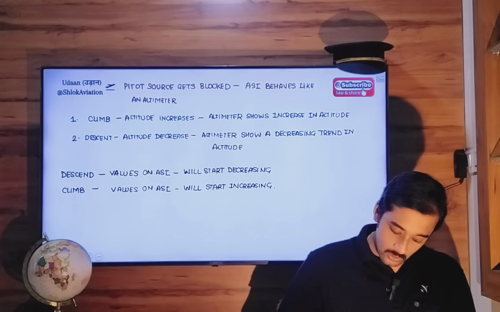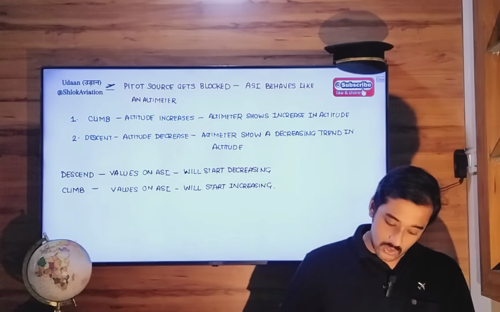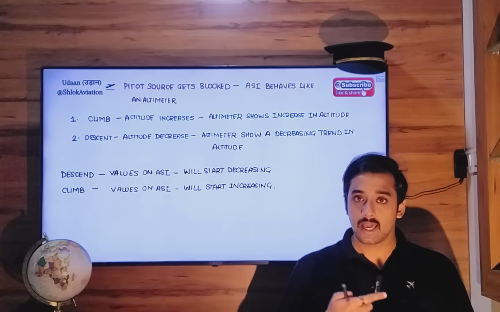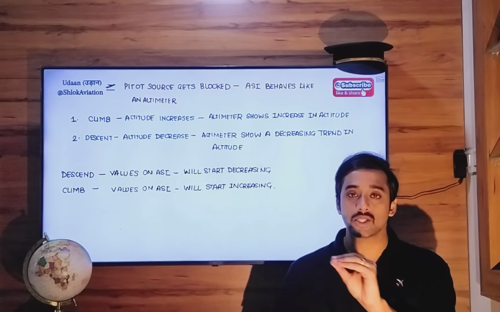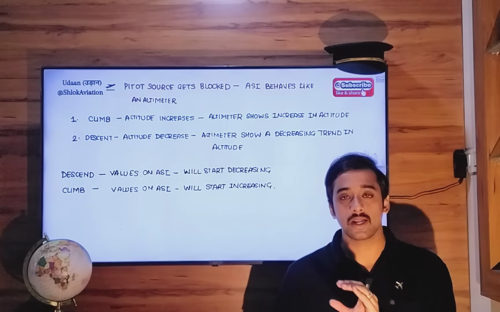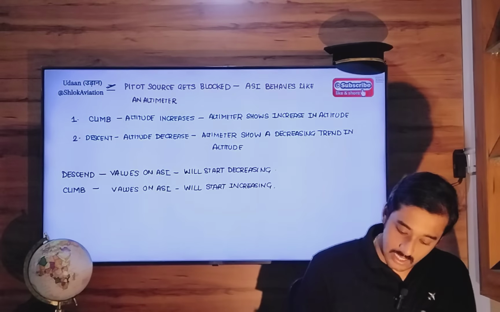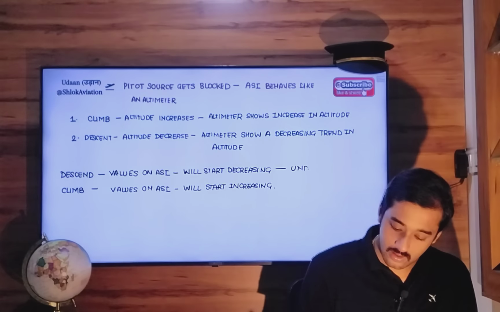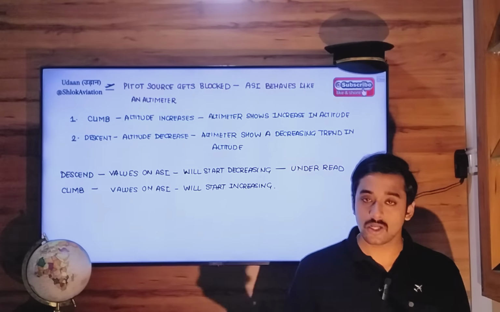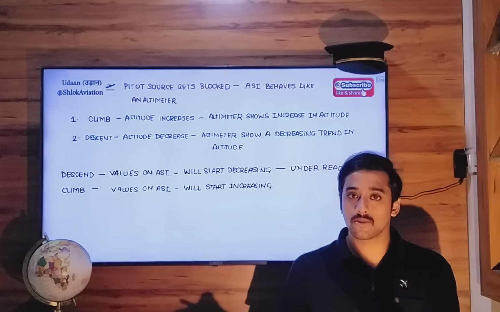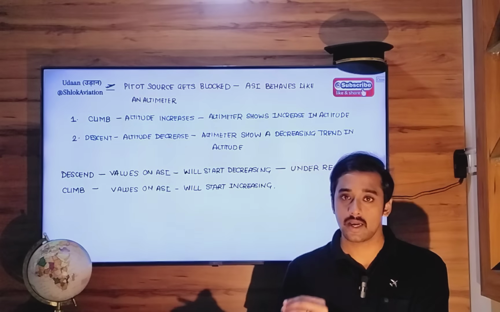Okay, so what do we call this? So when ASI behaves like an altimeter in descent, it will start showing smaller and smaller values, even if your airspeed is stable. So that means it will underread. Instead of showing 100 knots correctly, it will show 80 knots, 90 knots, something like that. So we call this underreading.